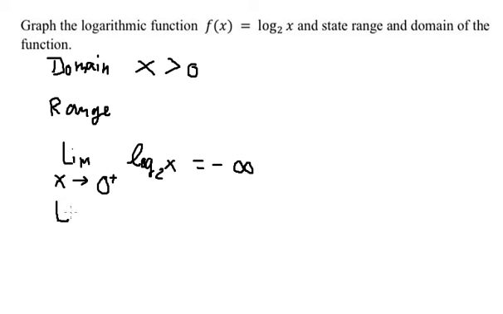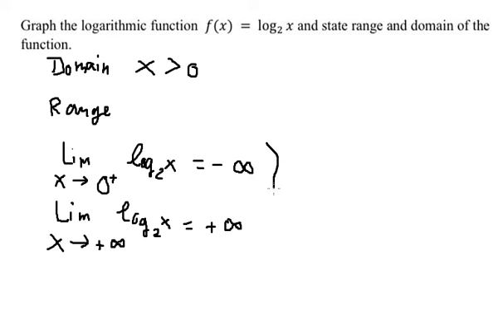And now we can use the limit when s approaches positive infinity, and we always know that this one goes to positive infinity. So the range of this one should be from negative infinity to positive infinity.